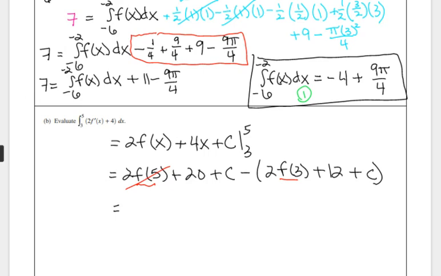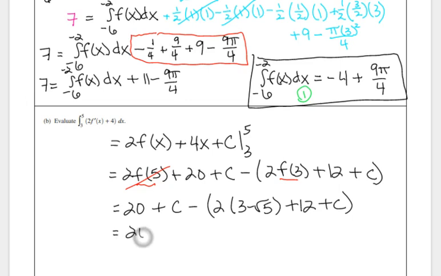But we're going to have 20 plus c minus 2 times 3 minus root 5 plus 12 plus c. So it's 20. We know the c's will cancel. That'll become minus 6 plus 2 root 5 minus 12.